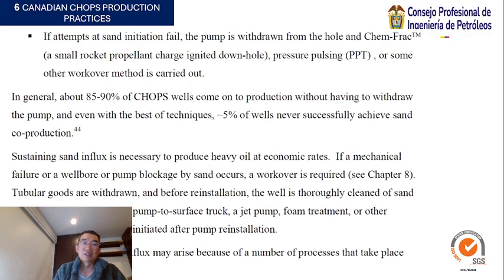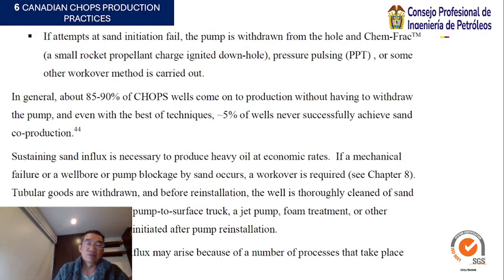If attempts at sand initiation fail, the pump is withdrawn from the hole and a chamfer, a small rocket propellant charge, ignites downhole. Pressure pulsing or some other workover method is carried out.